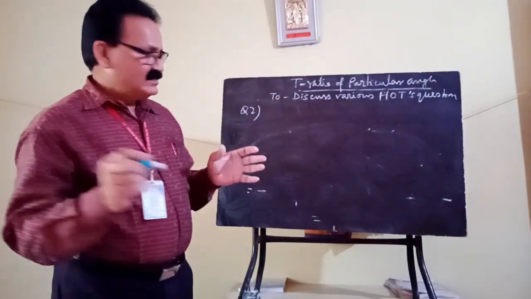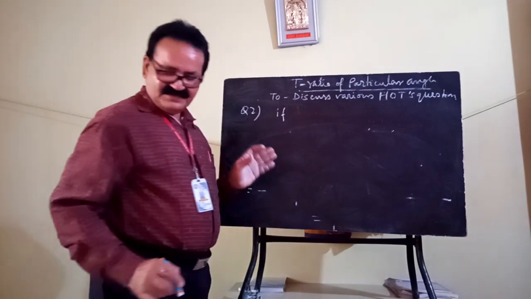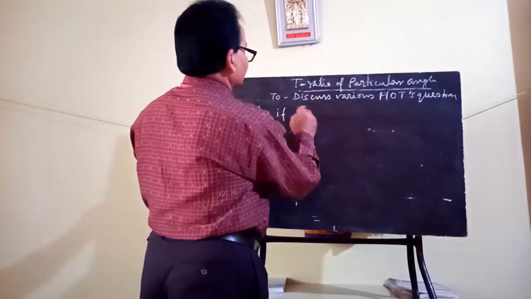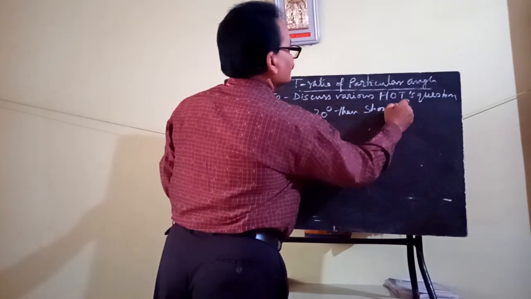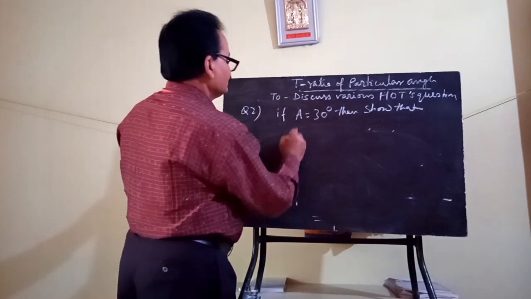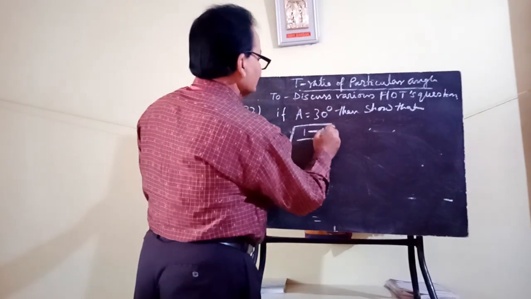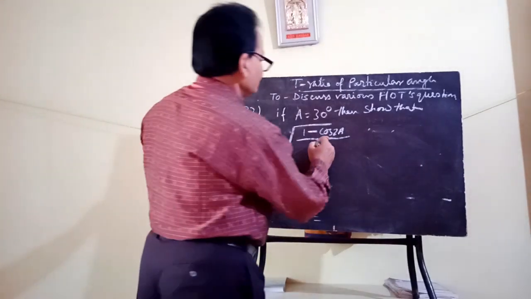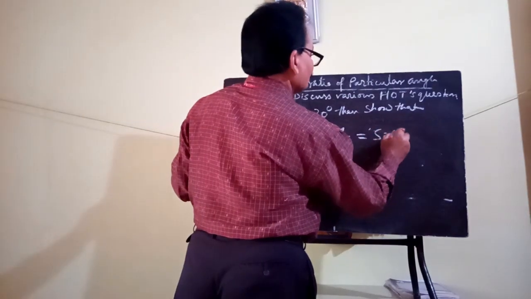Suppose there is a question like this, where the condition is given: if angle A is 30 degree, then one equation is given, that is square root of (1 minus cos 2A) by 2 equals sin A. This you have to prove.